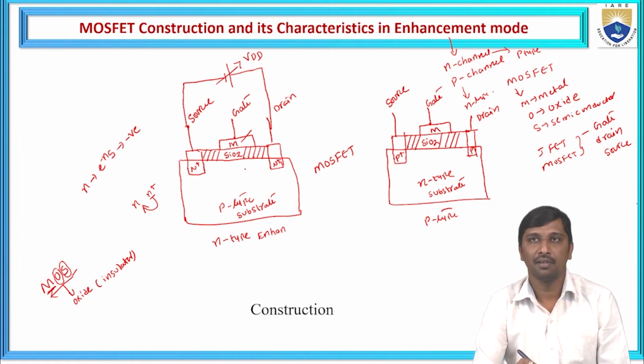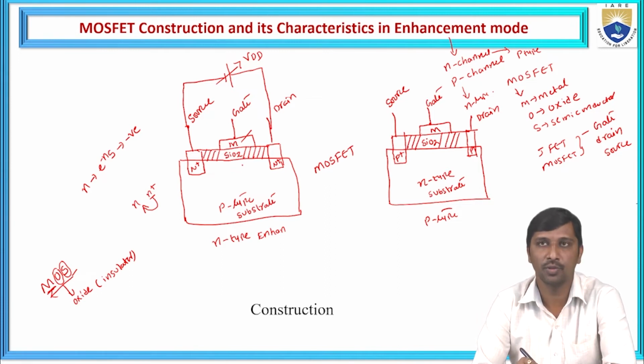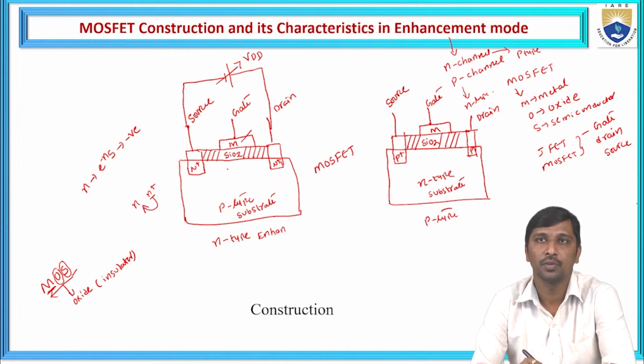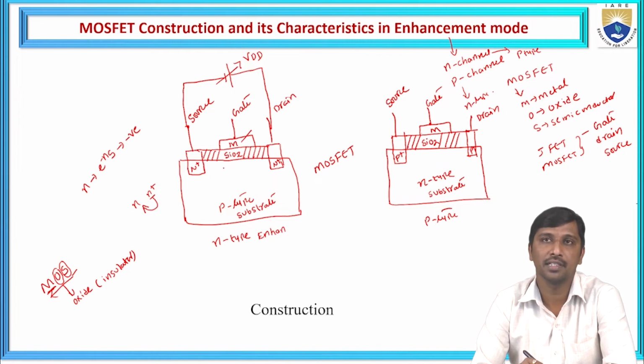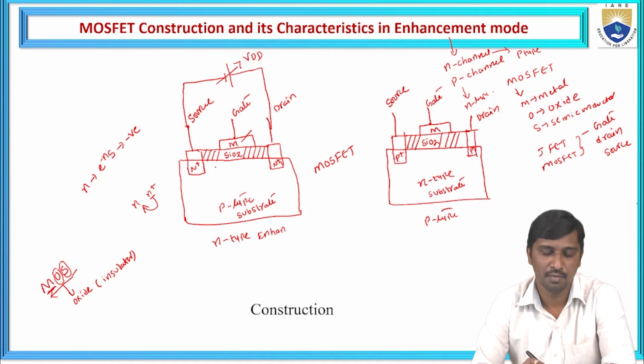While constructing this enhancement MOSFET, there is no channel, means there is no path for the charge carriers to reach from the source terminal to the drain terminal. So to allow conduction in this enhancement MOSFET, we first need to induce the channel between the source and the drain.